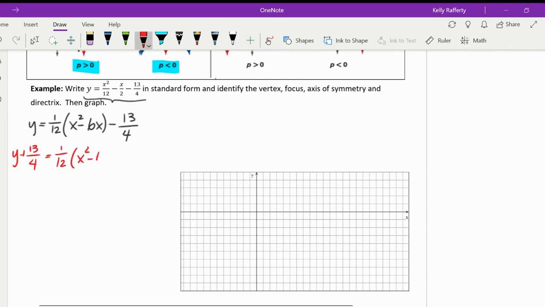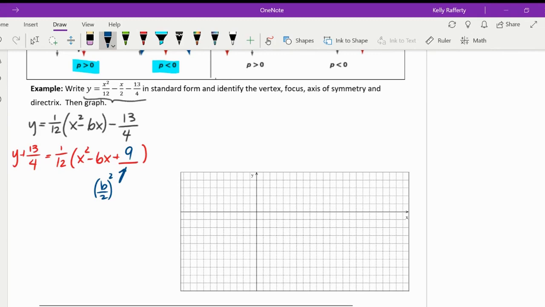And then to complete the square, I'm going to do it this method. So in here, we take our b divided by 2, so -6 would be b, and b divided by 2 is 3, and square it. When I square it, I would get 9.